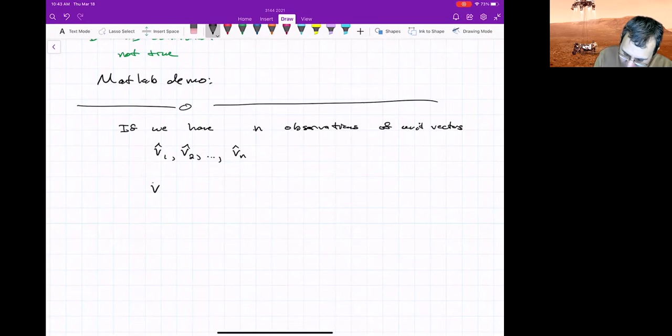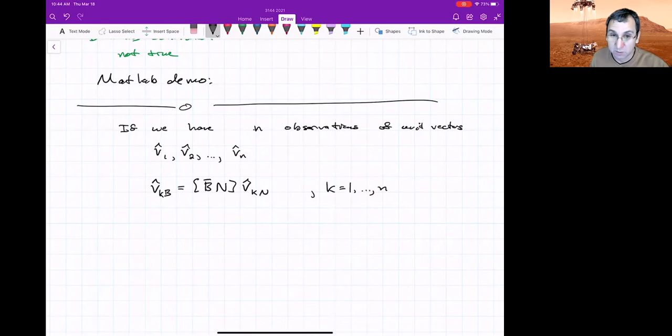So for each of these, there'd be V1 in body equals estimated B N times V1 in N. No, I don't want to put a 1. I actually want to put an index there, K: VK B, VK N. And K goes from 1 to little n, because we've got n observations.